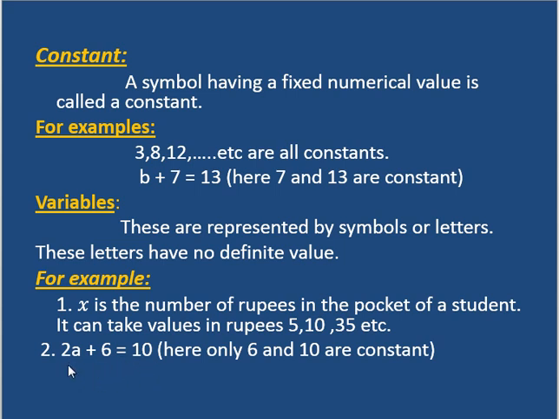Students, this 2 is a coefficient, but it is not a constant because 2 is multiplying by a, and when we solve this, after solving this variable, we can find a new value. So its value can be changed after solution. So it is not a constant number. Here we have only two constants, 6 and 10.